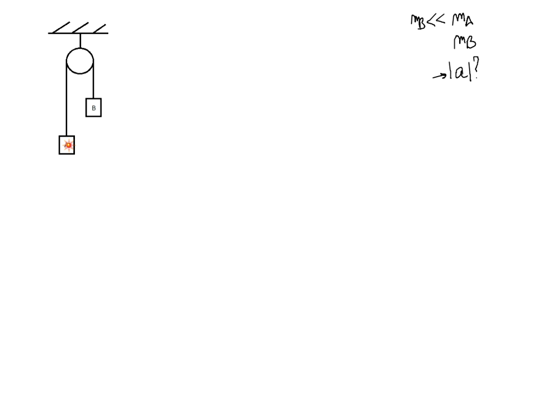So let's do that. We know from the given quantity that object A is going down and object B is going up. And they're both being accelerated. So, you have your notes in front of you.